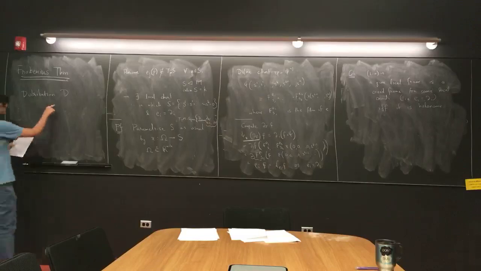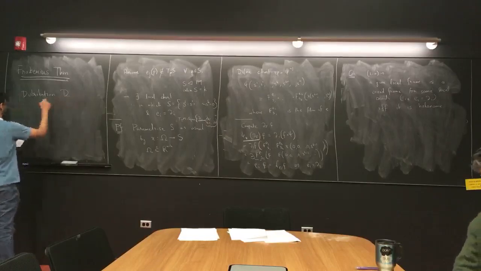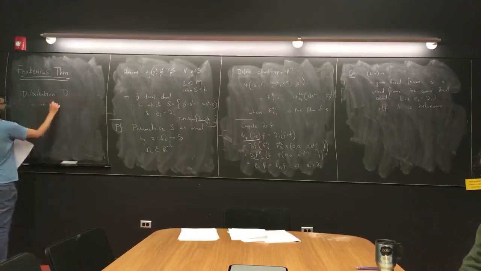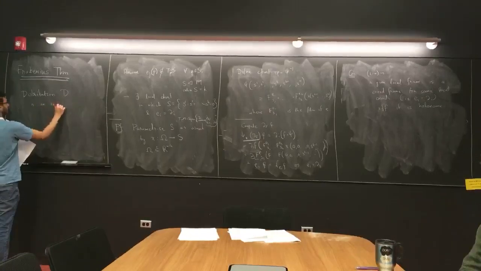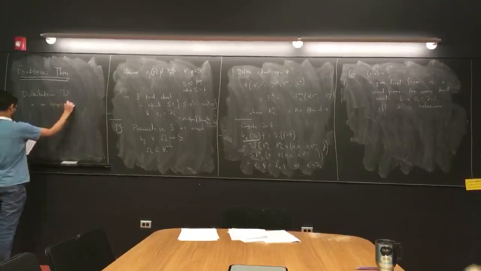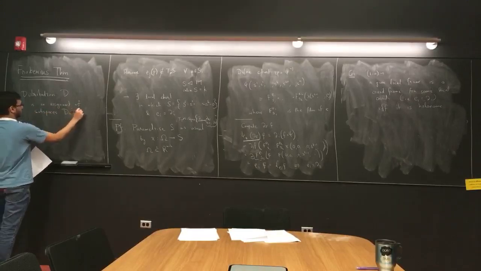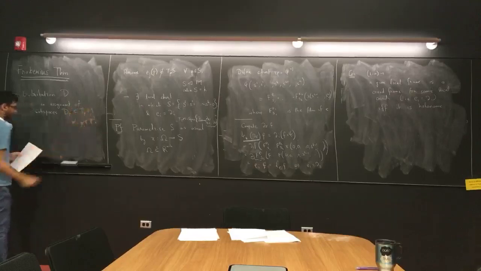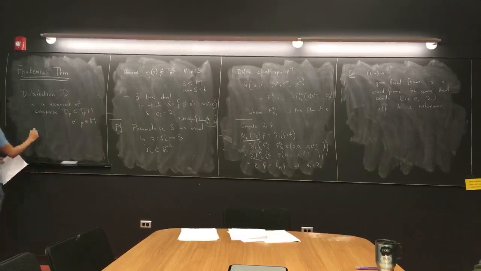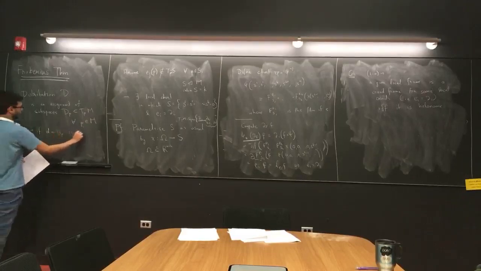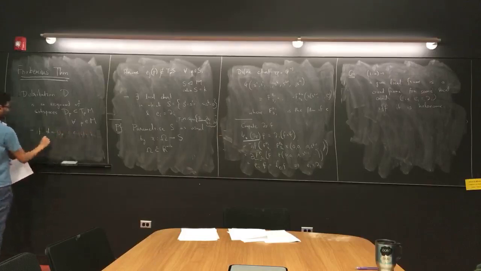All right. So recall that a distribution D on a manifold is an assignment of subspaces D_p of T_pM for all p in M. If the dimension of D_p is constant, call it k, then D has rank k.